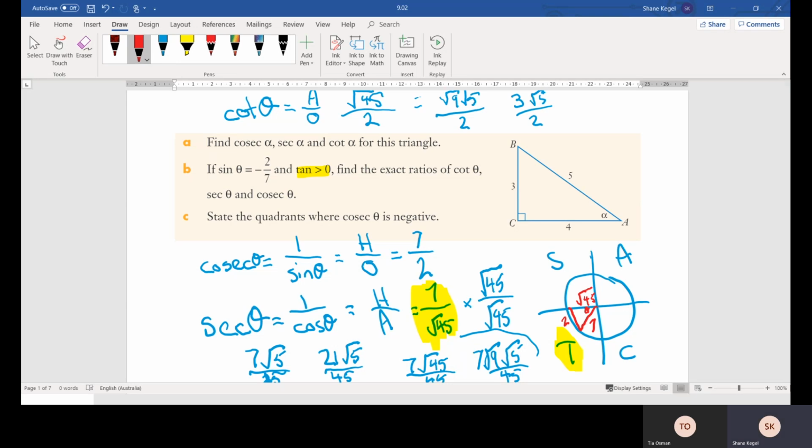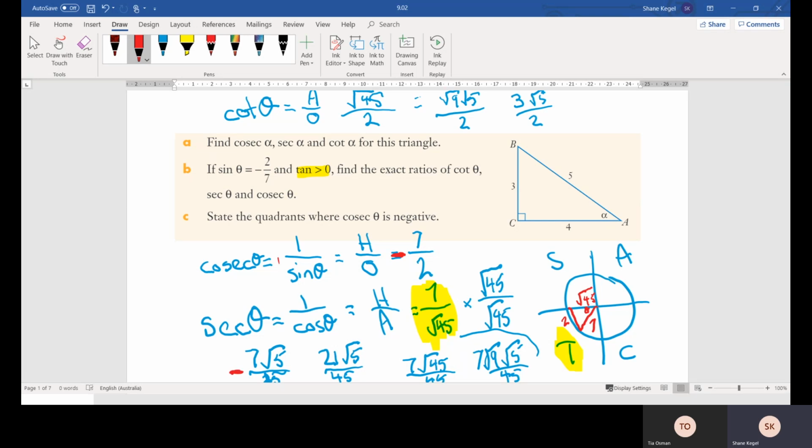One thing I did forget to add on though, which I just had a look at, is my sign, or to make sure I put the appropriate sign on. So when we did cosec, we looked at sine, and sine in tan's positive quadrant, tan's the only one that's positive, so my sine fraction should have been negative. My sec was cos. Cos in this quadrant again is negative.